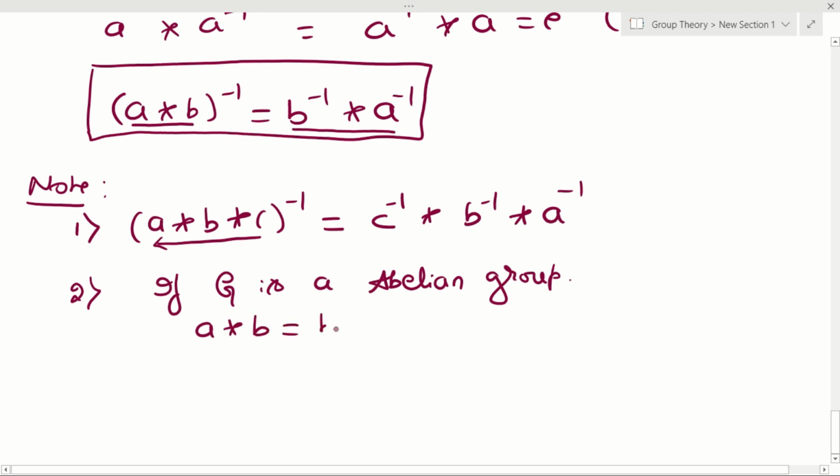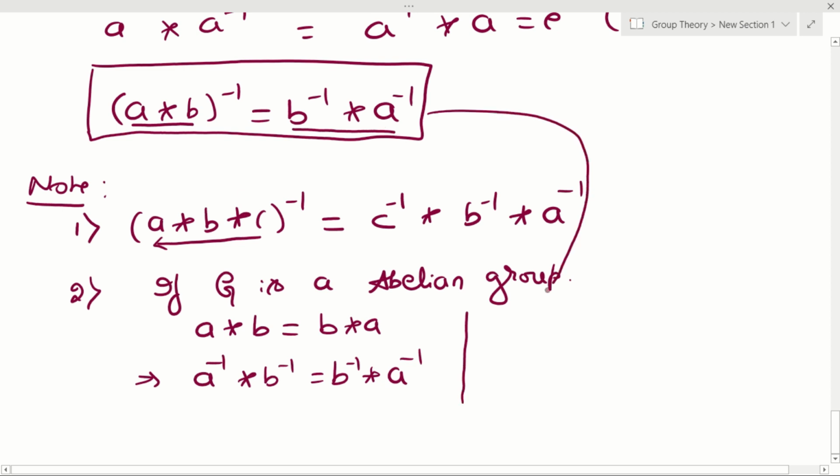A star B is equal to B star A. If I take C star D, you get D star C. Therefore, this implies A inverse star B inverse is B inverse star A inverse. X star Y is Y star X.